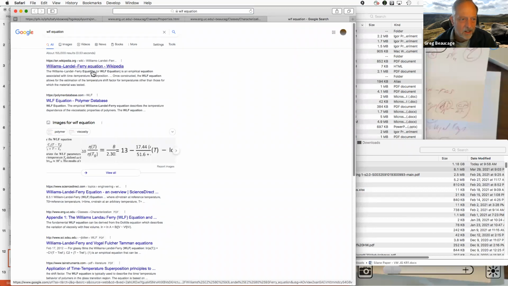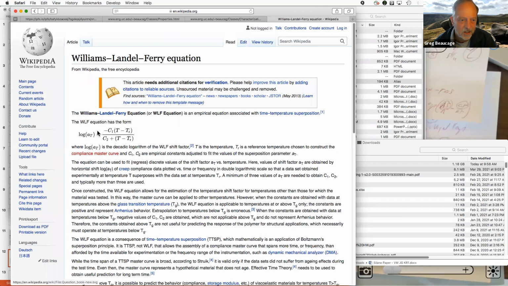So these are guys from Williams, I think was British. Ferry was at the University of Wisconsin, and Landel, I think, worked with Ferry. So these are the 3 parameters. See the T reference? That's a Vogel temperature, shifting the temperature scale to the glass transition, say. So you can use TG as the TR.